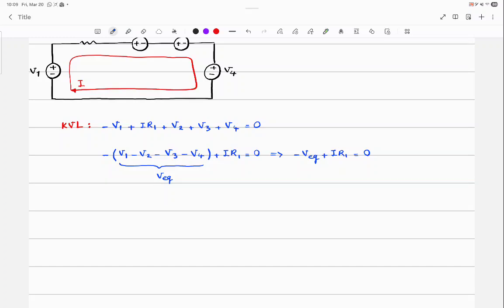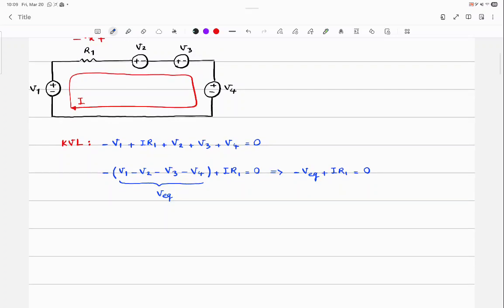Now I'm asking you to do this for me. For this equation, we're going to do something backward. For this equation, can you draw a circuit? How? I want you to draw a circuit whose KVL is that, the last equation.